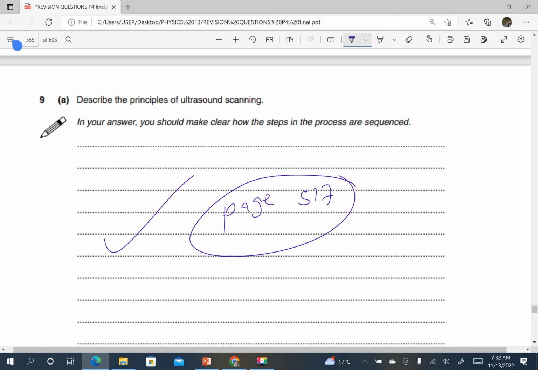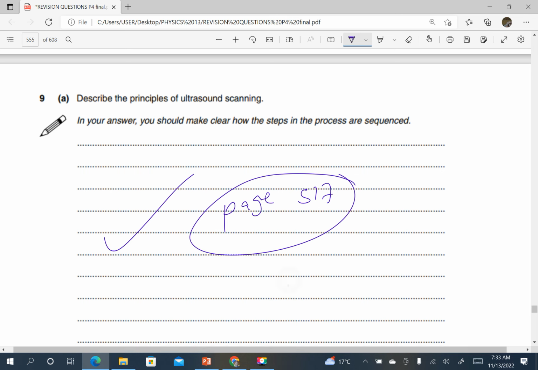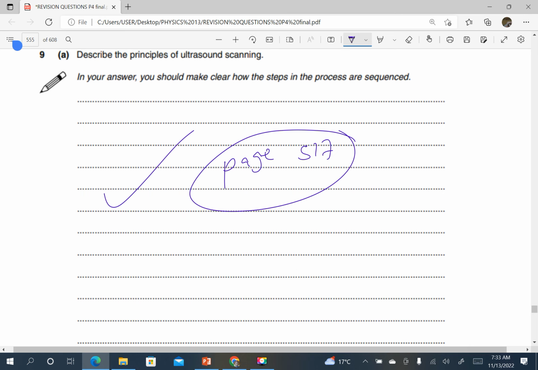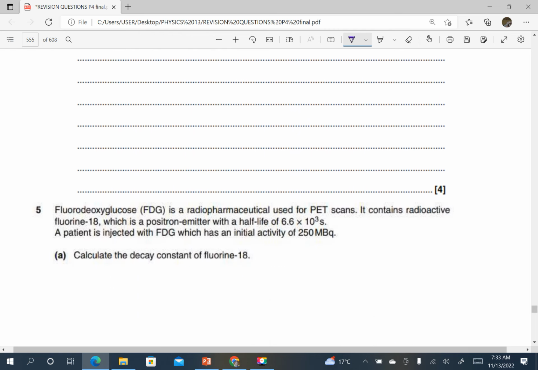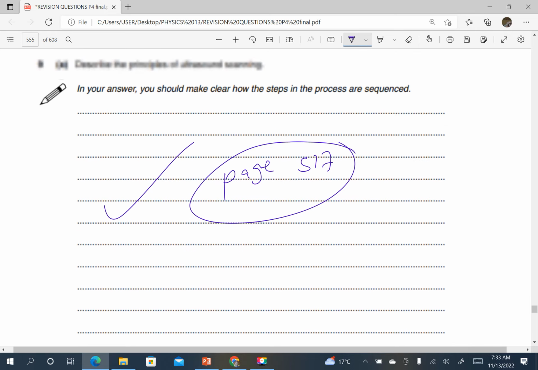And remember, the reflected pulses are the ones to be detected and converted into voltage pulses to process an image. The time delay gives information about the depth of the boundary, and the intensity reflected gives information about the nature of the boundary. So that one we have answered, using ultrasound to obtain diagnostic information, on page 517.